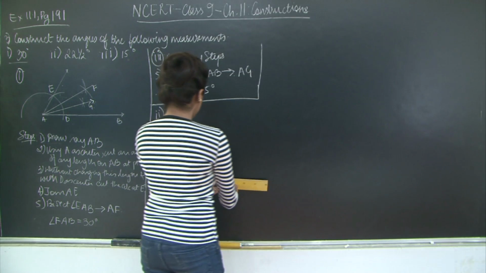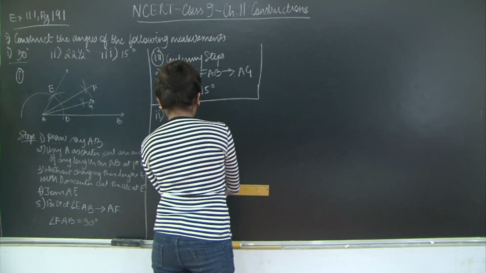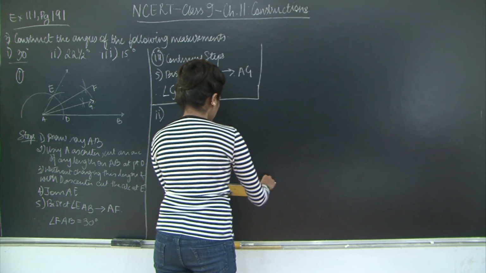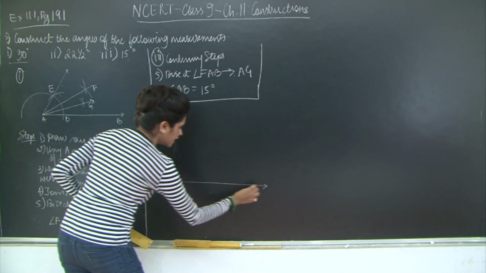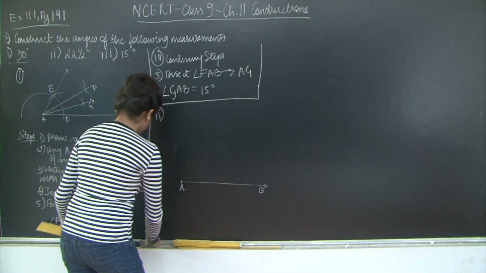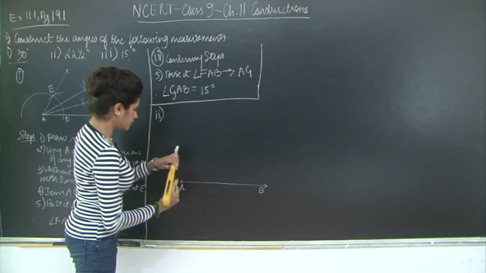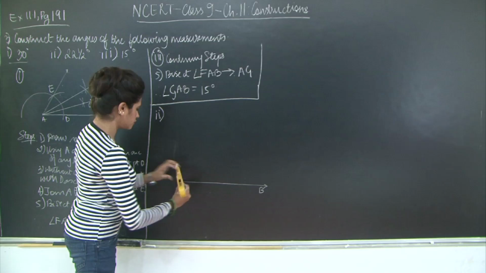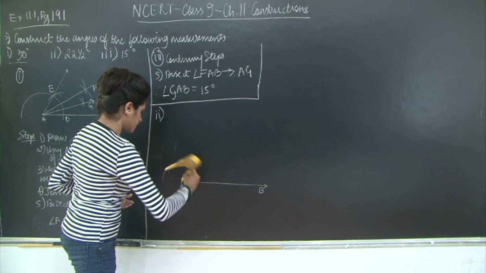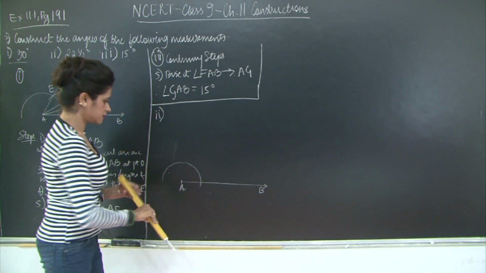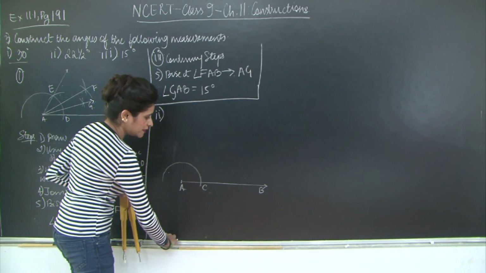So again you are going to draw a ray AB with initial point A. So this is A, this is B. You are going to take an arc of any length and cut this at point C, AB at C.